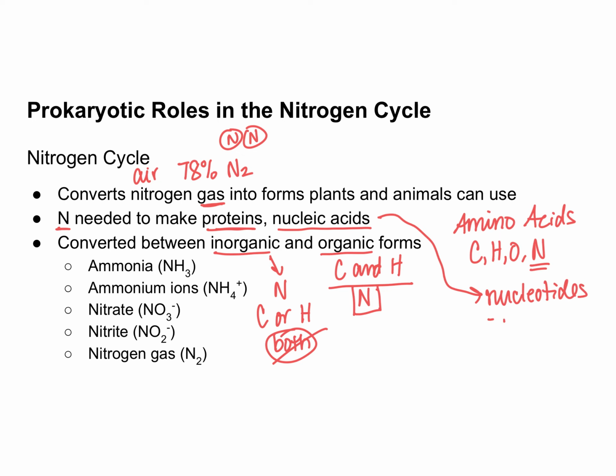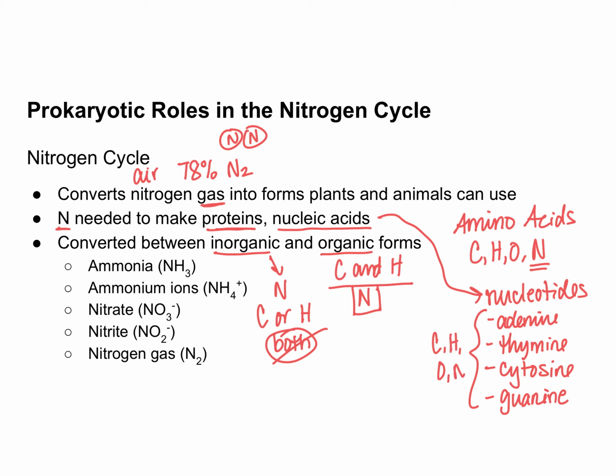And our nucleotides include adenine, thymine, cytosine, and guanine. And all of these include carbon, hydrogen, oxygen, and nitrogen. So on the next slides, we're going to talk about how prokaryotes are involved in this nitrogen cycle. And we'll be talking about these different nitrogen-containing compounds, and also potentially talking about some proteins and nucleic acids.